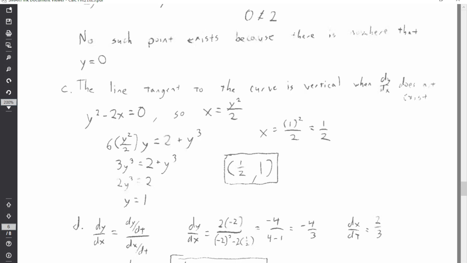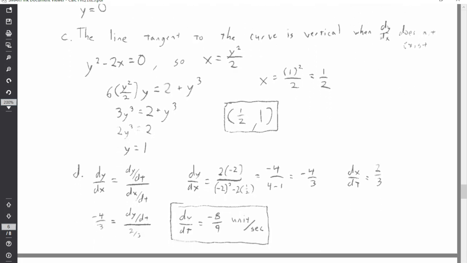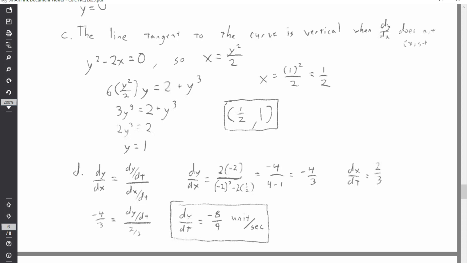You'll see the chain rule written this way in some books in this notation. So I have dy dx. I can figure out what dy dx is at that point, which is -4/3. I'm told what dx dt is, therefore I can plug in and find dy dt. Multiply by that 2/3, and that would give me -8/9.